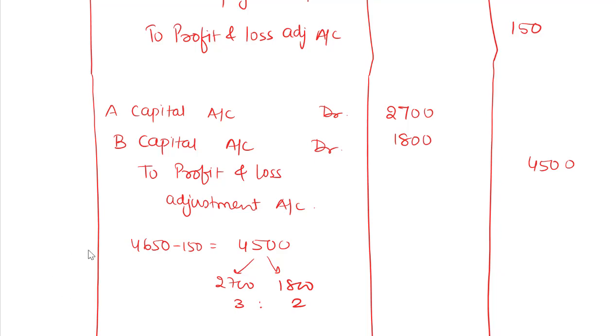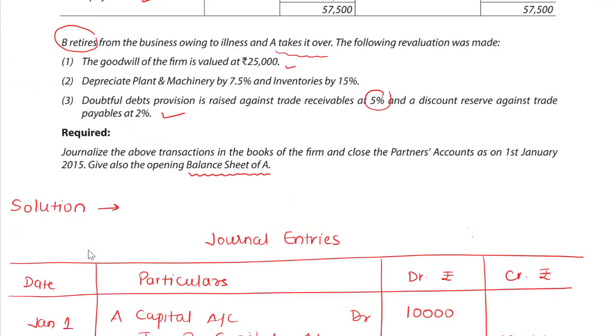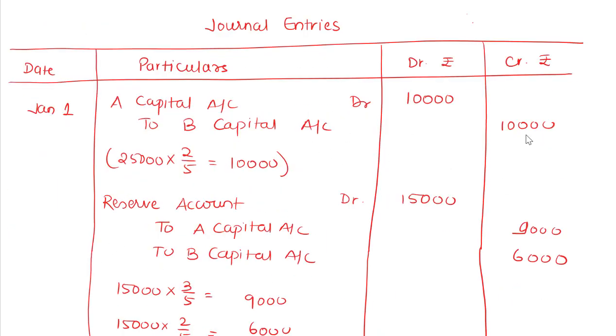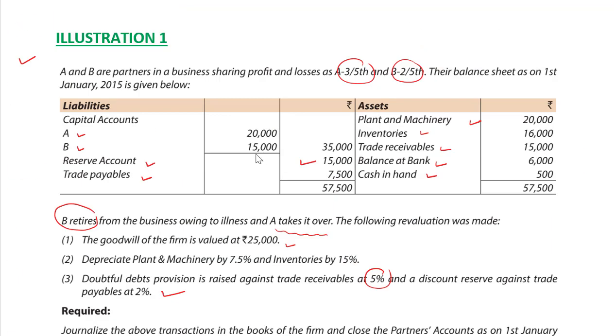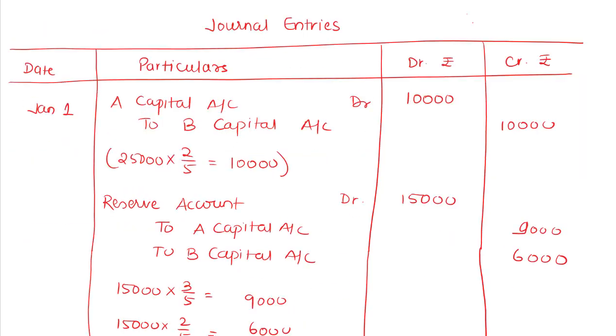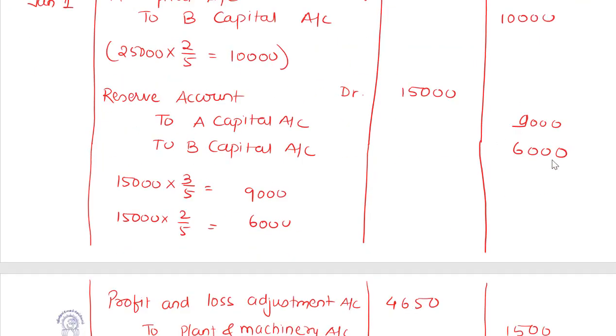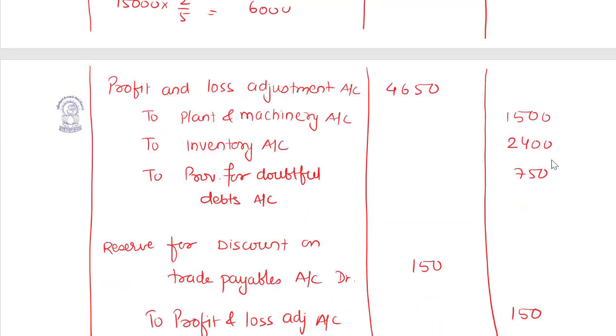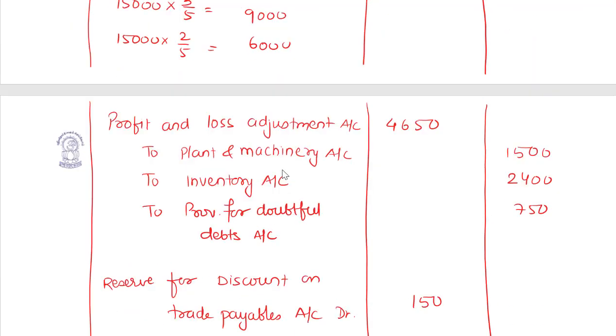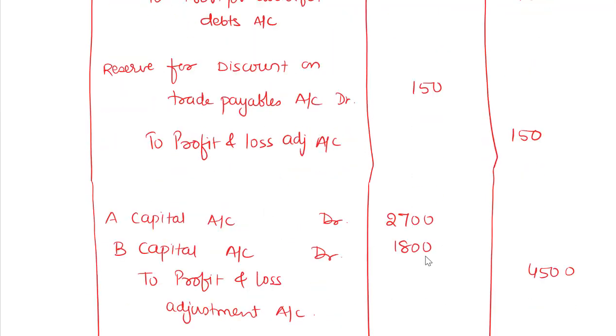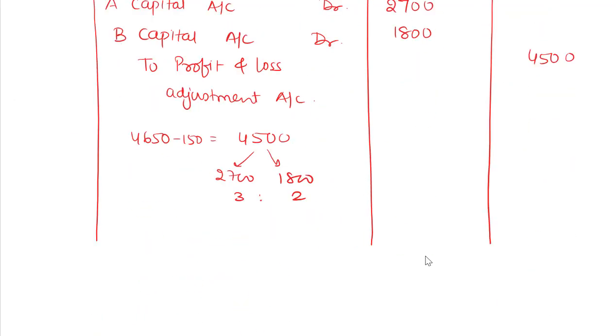Calculate B's final share. B's capital was 15,000. Credit 10,000, so 15 plus 10 is 25,000, plus 6,000 is 31,000, minus 1,800 is 29,200.